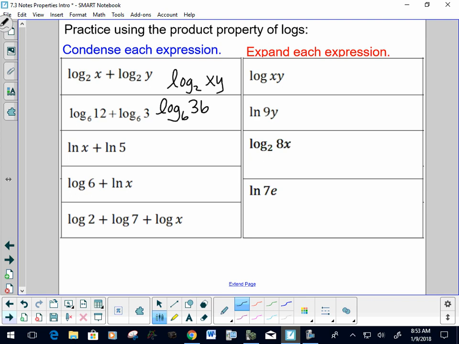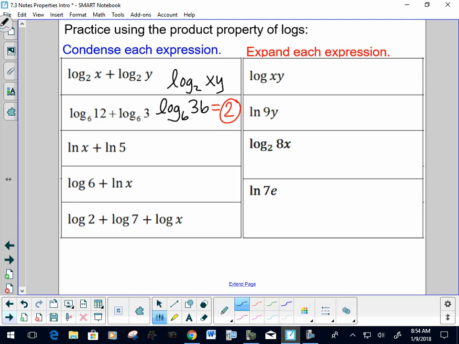And hey, wait a minute, logs are asking what power of 6 is 36, so this simplifies to the number 2. So log base 6 of 12 plus log base 6 of 3 is equal to 2.